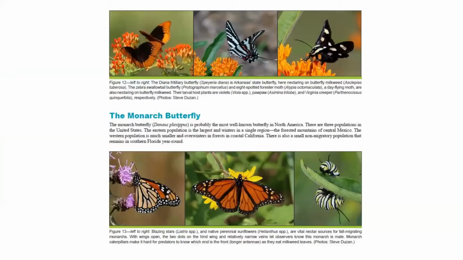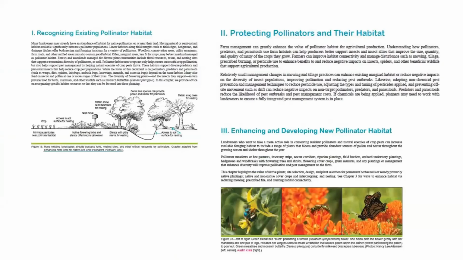This document is very beautifully illustrated, and almost every photo within comes from Arkansas and Arkansas photographers. This document has multiple chapters on what I consider very interesting topics, like how to recognize habitat, protecting pollinators in their habitat, enhancing and developing new habitat, and so on.